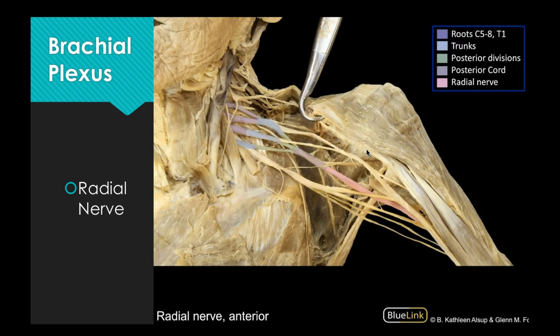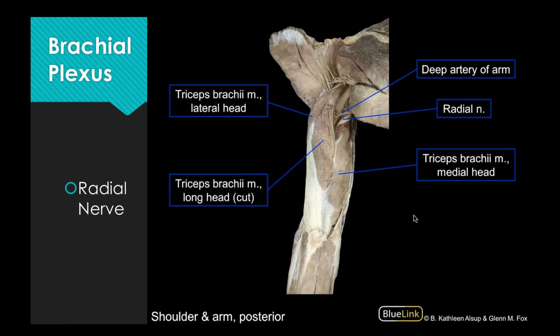First, we have your radial nerve. And if we follow the posterior cord here that you see in the purple, extending out from there will be your radial nerve. This radial nerve will travel posteriorly. So the other area in which you can see the radial nerve well is here in the area of the triceps brachii muscle.